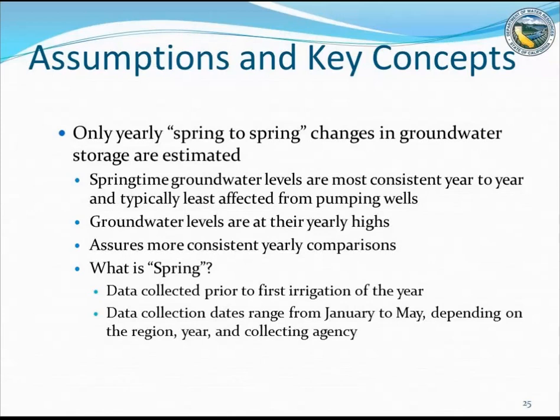And then up in the Sacramento Valley, irrigation begins a little bit later, so spring is more like March and April. That's why we had to use a broad range of dates to query our data.